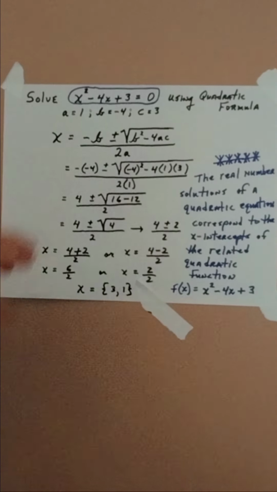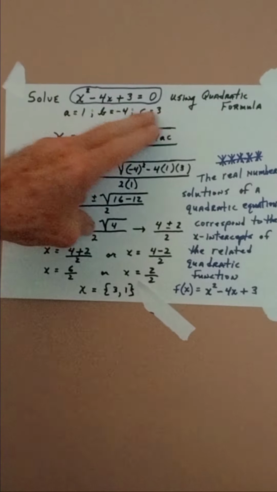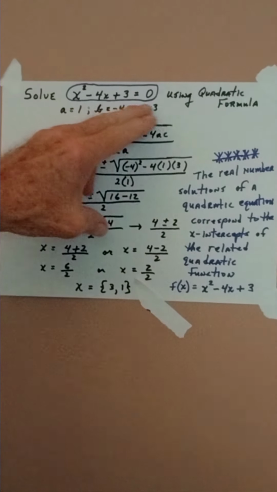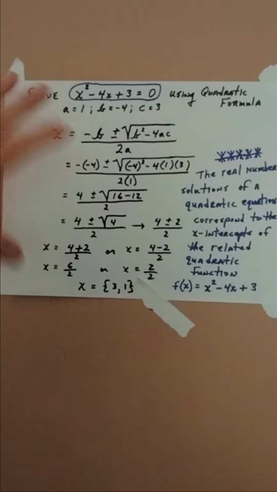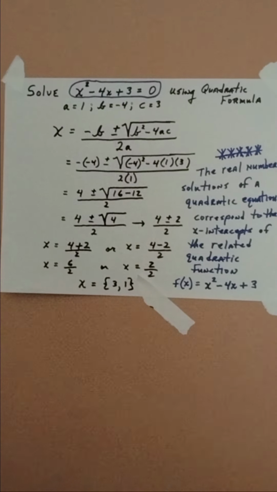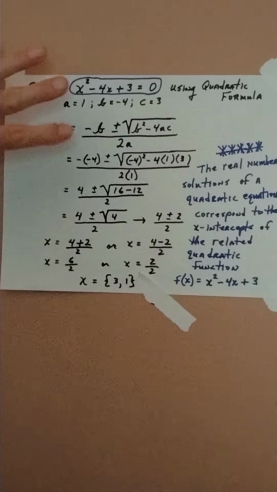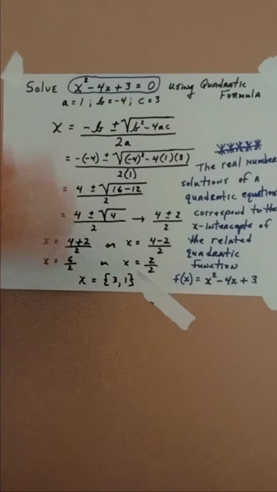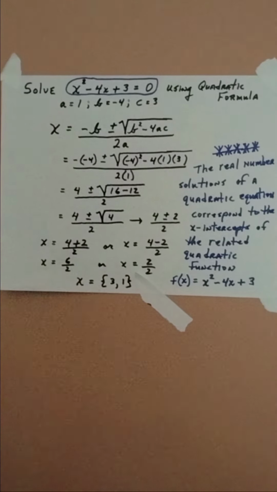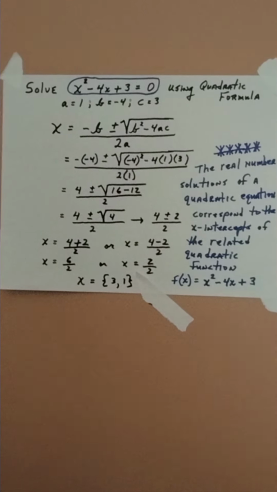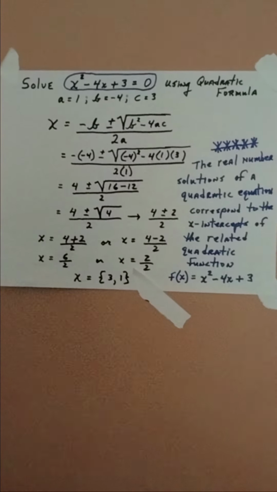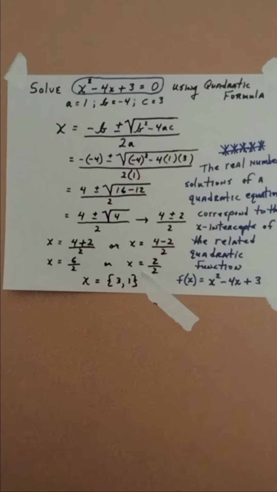And the constant coefficient is positive 3. So I enumerated those values, and then I plugged them into the quadratic formula, and did all of the work as the camera is held on that. Just keep in mind that you can stop the video and see the various steps that I've written down.